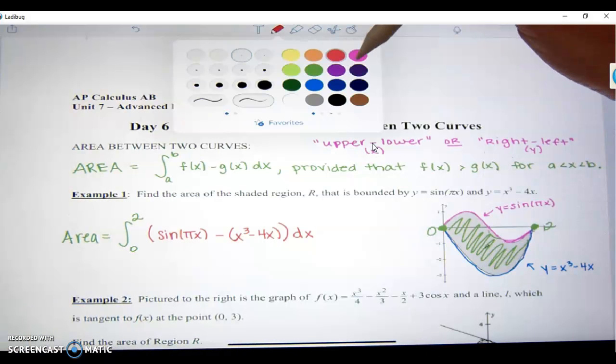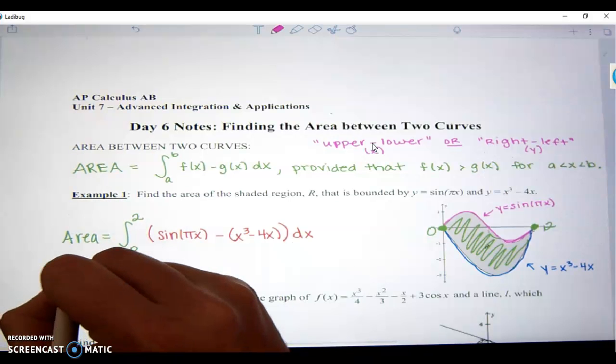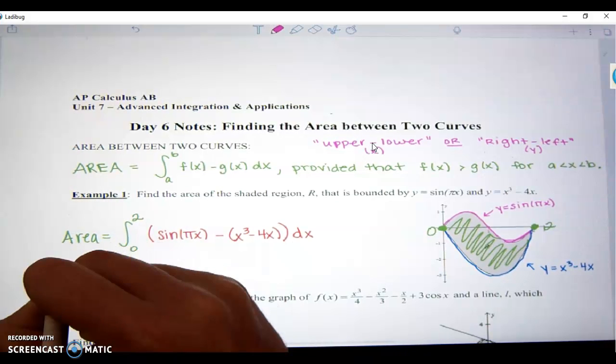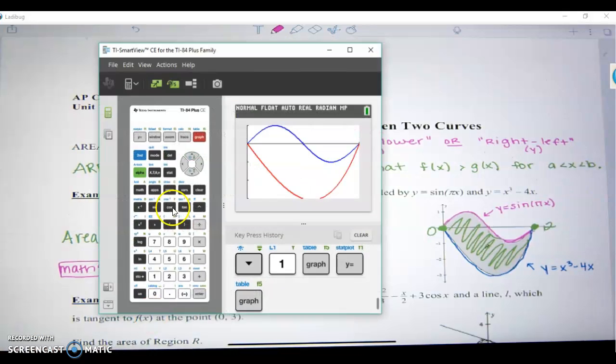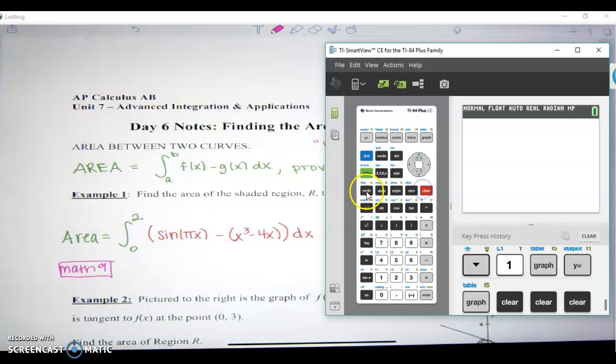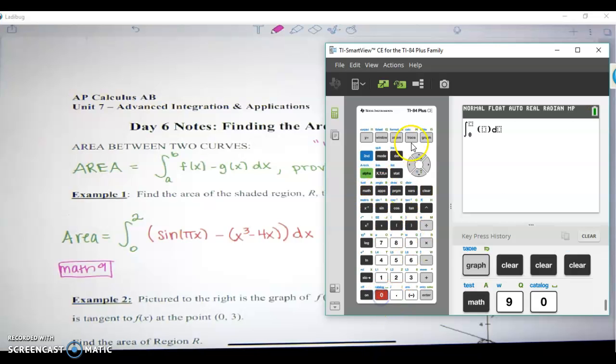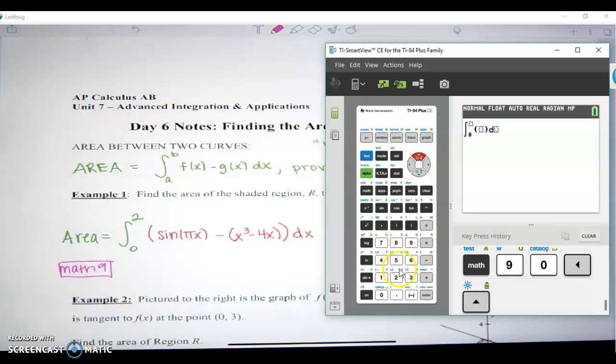We are going to use the calculator for this, so remember, to find integrals we're going to use Math 9. I'm going to remind you how to use this. If we go to Math and down to number 9, the integral is going to be from 0 to 2. Just be careful when you type this in. I already have a parenthesis, so that's fine.